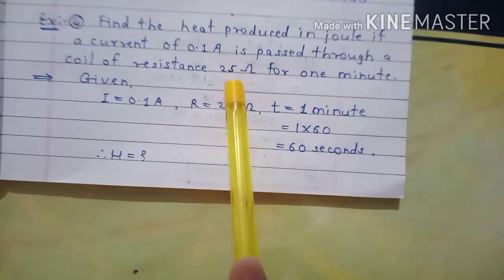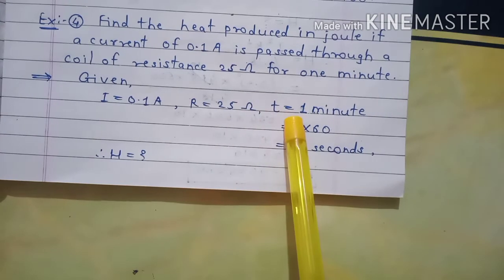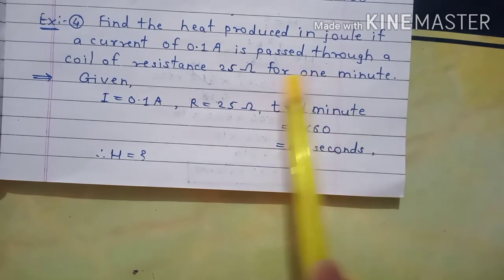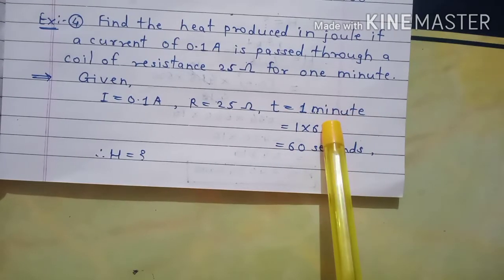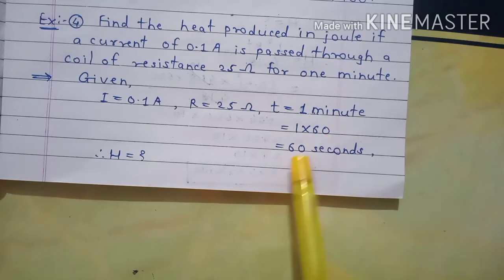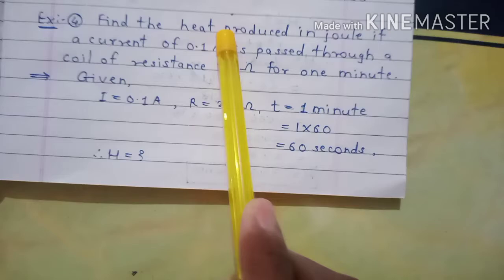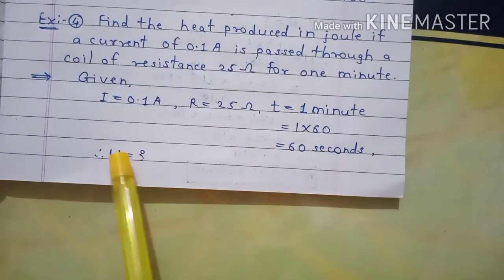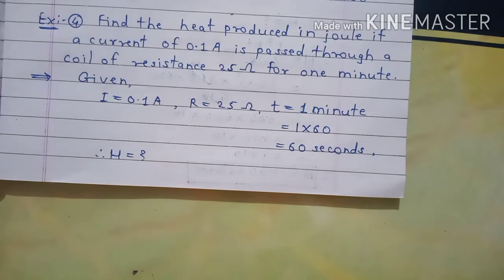Resistance is given, that is 25 ohm, and time is given, children, that is 1 minute. 1 minute means 60 seconds. So we are converting minutes into seconds, that is 1 into 60, that will be 60 seconds. Now here they asked for heat produced in joule. So capital H is equal to question mark.